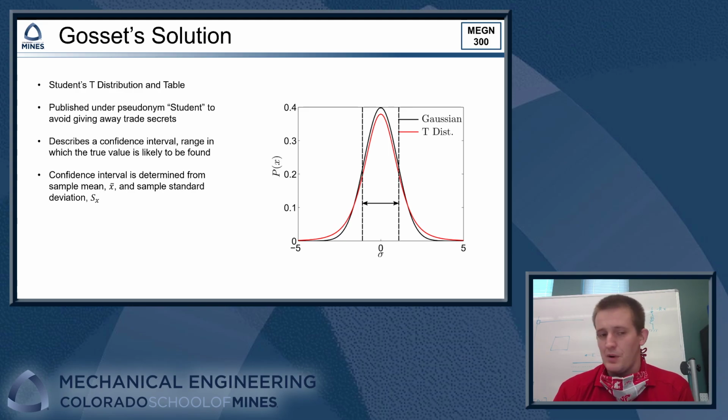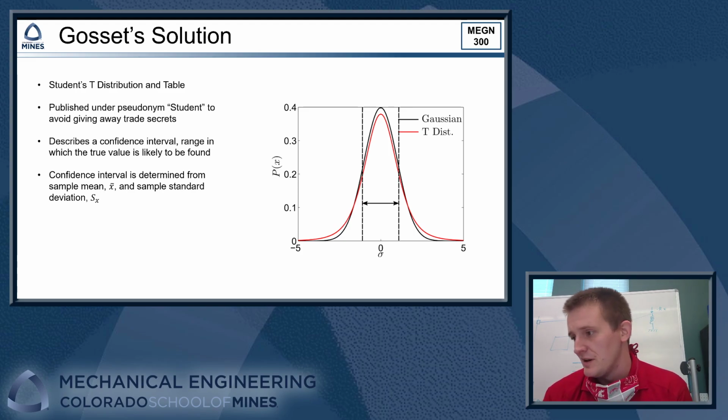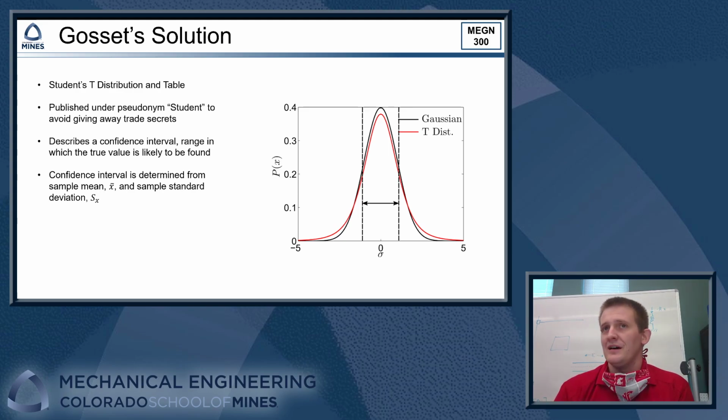We call them X bar and sX, all right? So X bar is the sample mean and sX is the sample standard deviation. Now, that's different than the variables that we showed previously where we used mu for the mean and sigma for the standard deviation. And that's because those two values are more for the population mean and standard deviation.